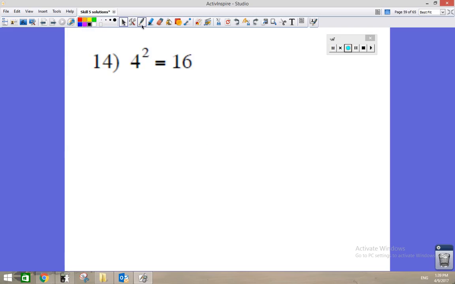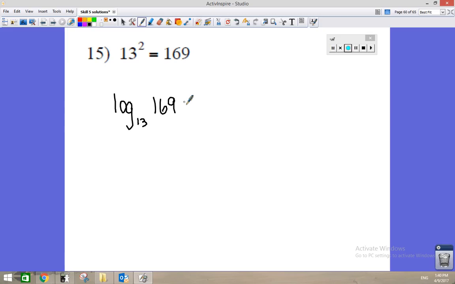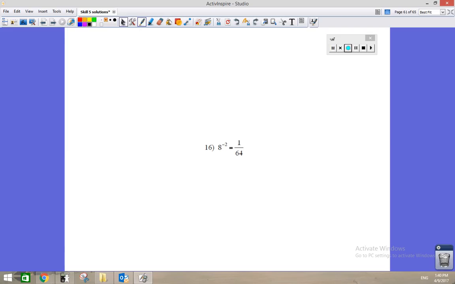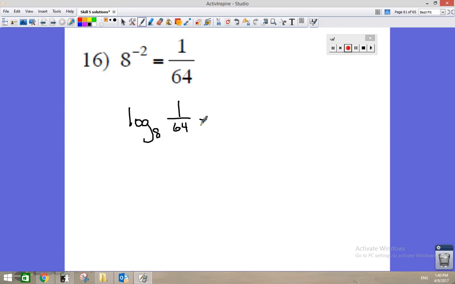So this is log base 4 of 16 is equal to this exponent of 2. This guy is log base 13 of 169 is equal to this exponent 2. This is log base 8 of 1 over 64 is equal to negative 2.